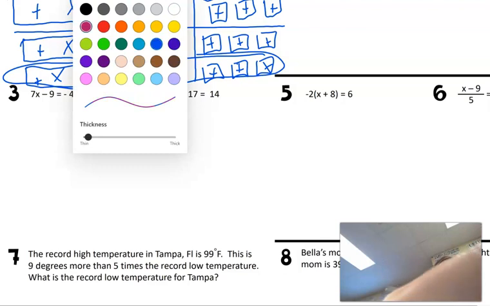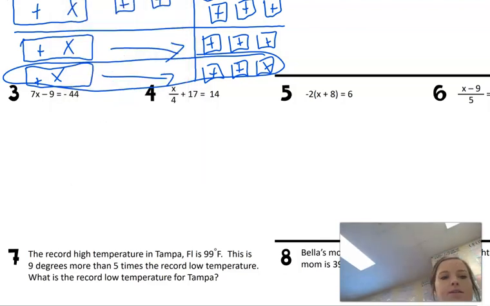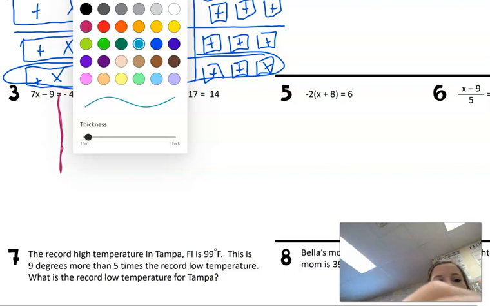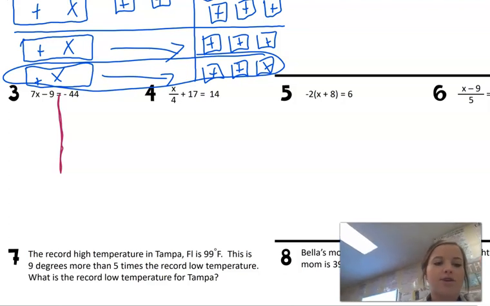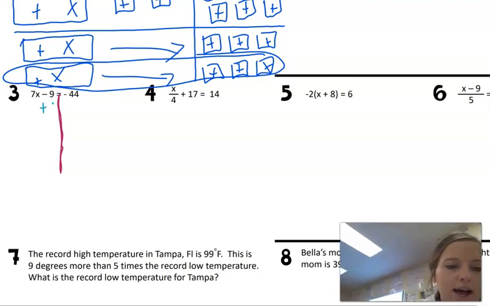We're going to split our problem in half. Remember, what we do to one side, we have to do to the other. So, first things first, what do we have to do? Well, we look at it, we find our constant. Our constant is minus 9. We ask ourselves, what's the opposite of subtracting 9? The opposite of subtracting 9 is adding 9. So we need to add 9 on both sides.